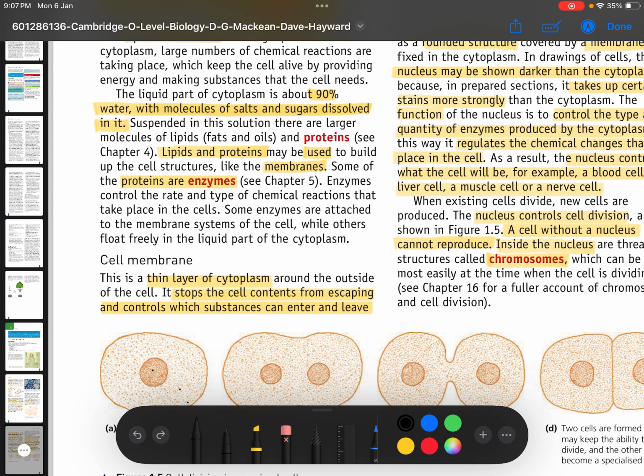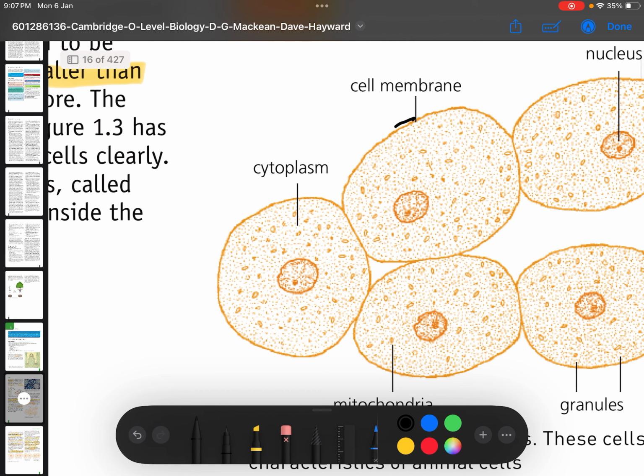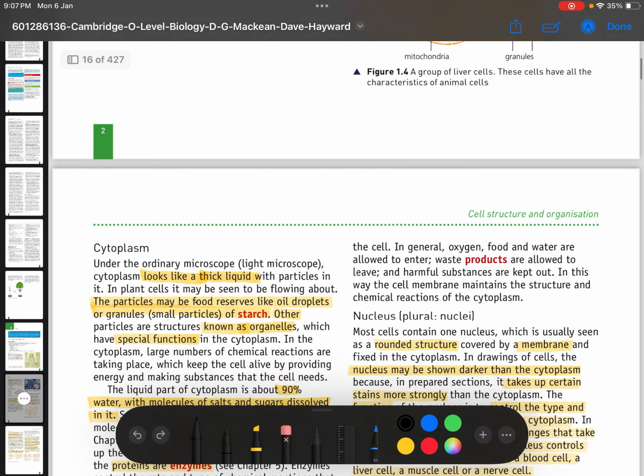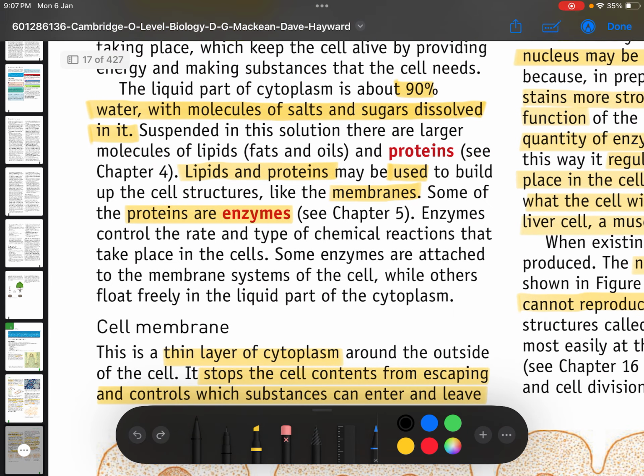These lipids and proteins are required for different functions of the cell, such as the lipids help in making the cell membrane. As we described earlier, the cell membrane is a boundary of the cell, but it's also made up of something, right? And to help in the making of the cell membrane, lipids are used, and even proteins, both of them.